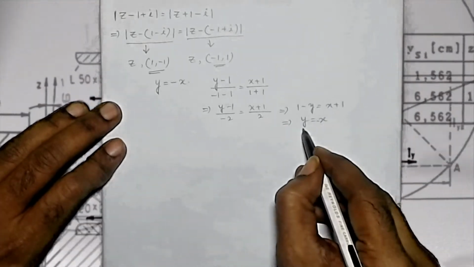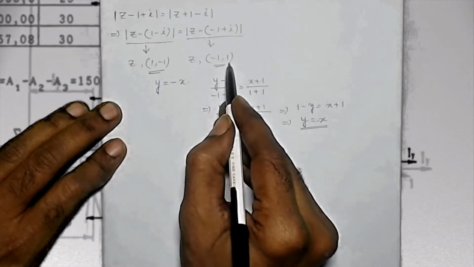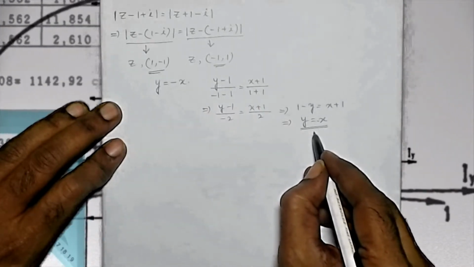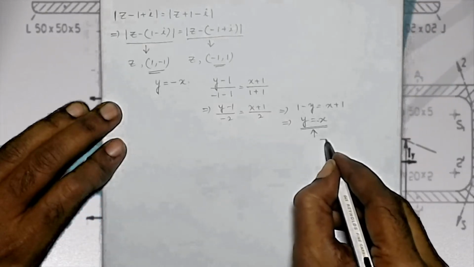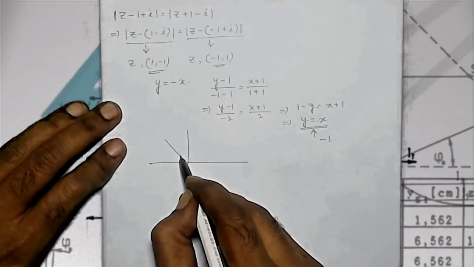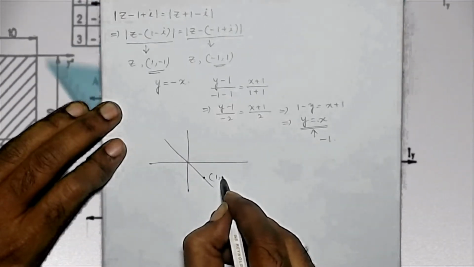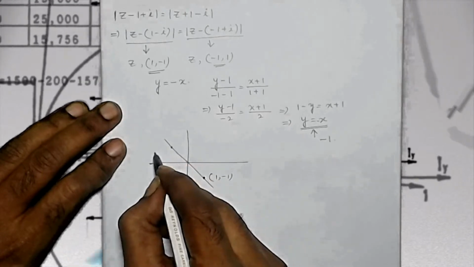Is it clear? So we got the equation of the line which contains 1 comma minus 1 and minus 1 comma 1. We can easily find out that the slope of this line is nothing but minus 1. Let me just draw it. This point is, and this point is.